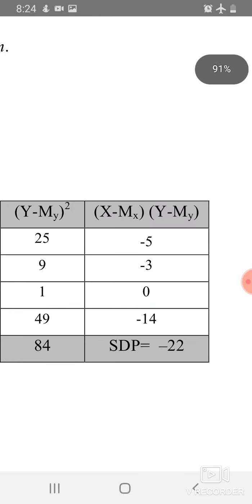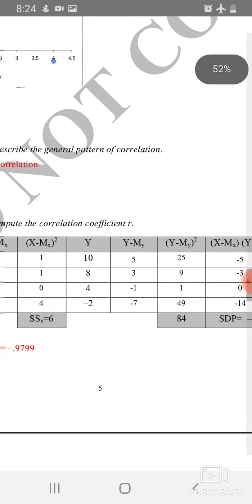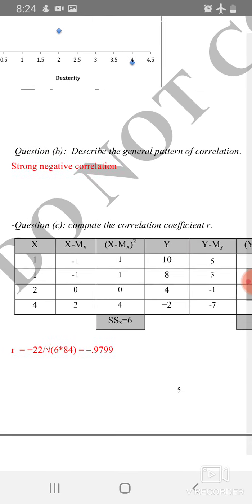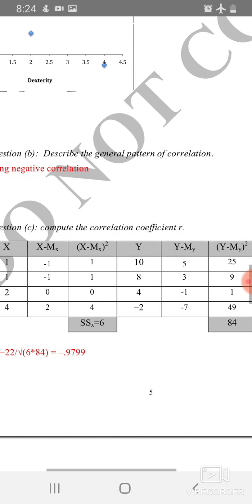Finally, you want to get the sum of the deviation product score. So you look at the deviation numbers, which is the values that you get when you take x and subtract it by its mean, and you multiply them.